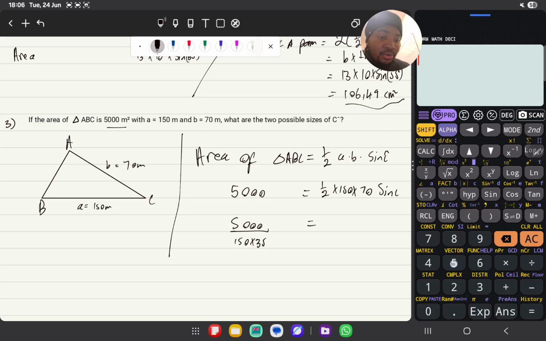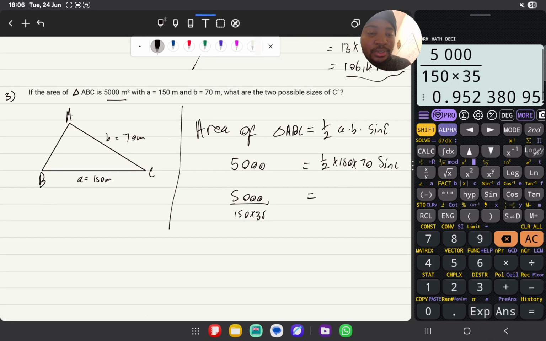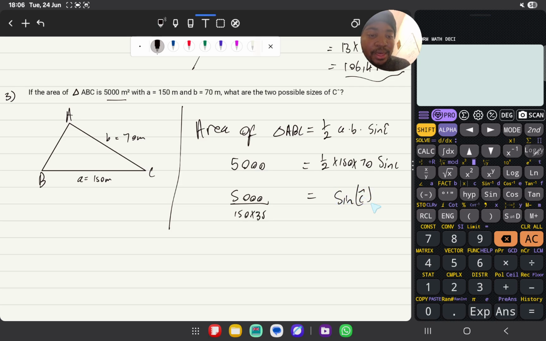Right, so 5,000 over 150 times 35 gives sine C. And now I will just say sine minus 1 of 5,000 over 150 times 35.